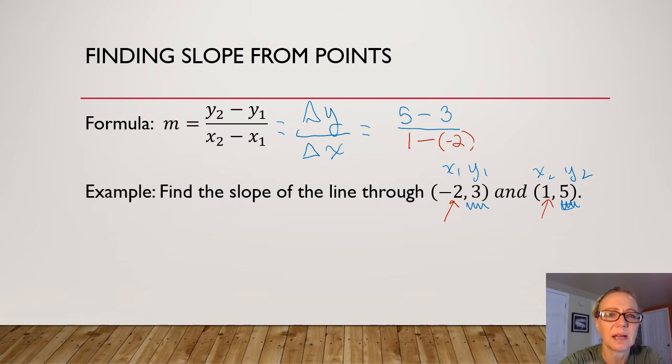So the formula has minus signs, and then the -2 happens to bring in its own negative. So my numerator is 5 minus 3, which is 2. My denominator is 1 minus -2, which is 1 plus 2, which is 3. So the slope of this particular line is 2/3.